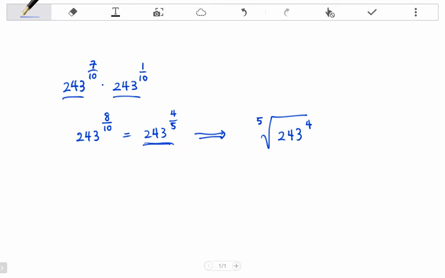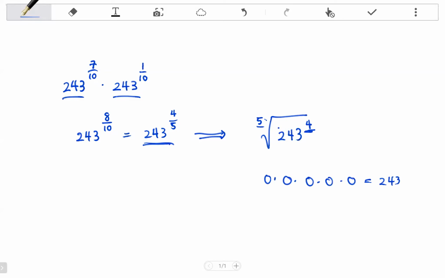That's not really helpful, right? 243 to the 4th power isn't something we can do easily. At least I can't do it easily. So what else can we do? Well, in this case, we can actually ignore the 4 and do this first. So what times what times what times what times what, that's 5, right, equals 243?